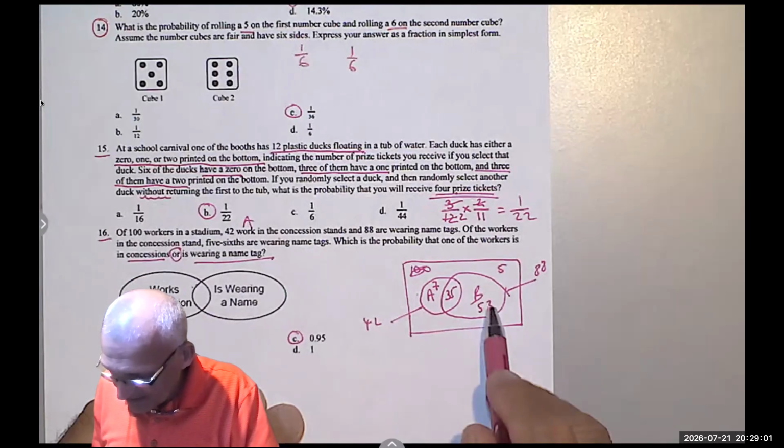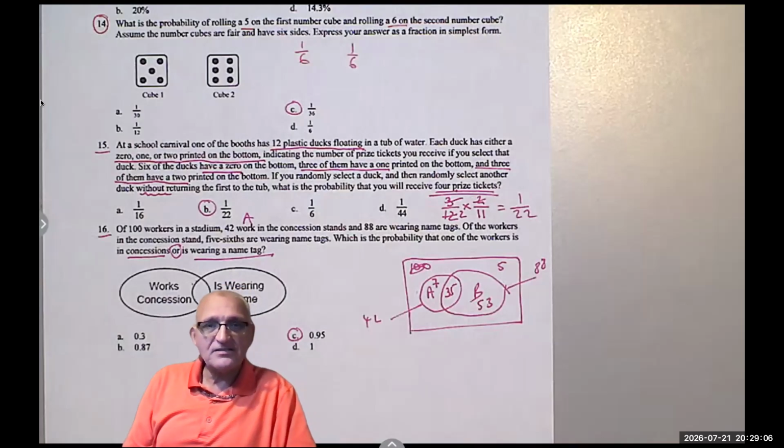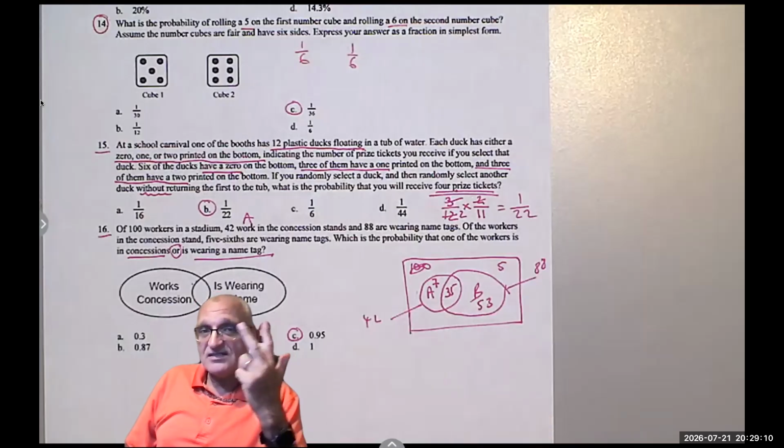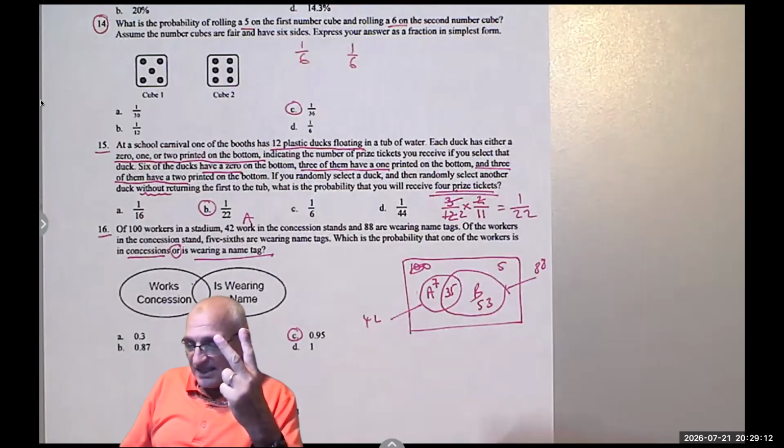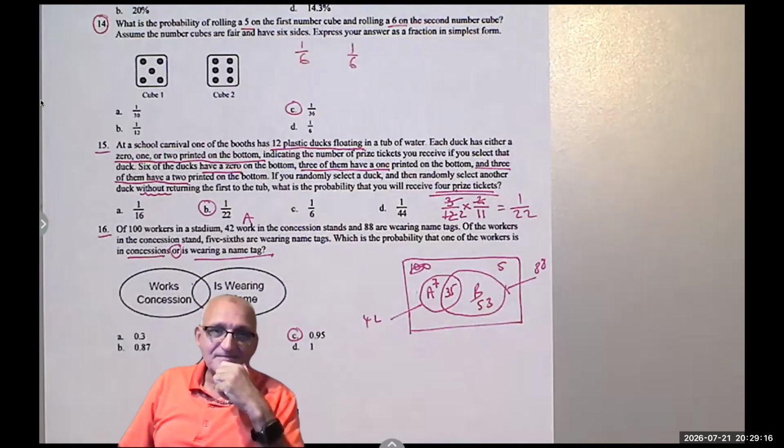Then I would say 53 plus 7 is 60. It's 0.6, 60% chance. I subtracted 35 twice. When I subtracted that once, I got 95. When I subtract it again, I get 60.